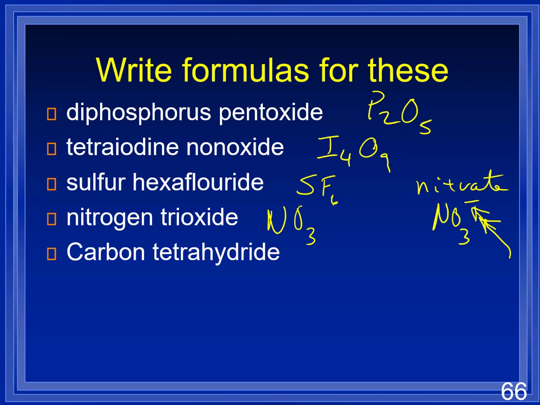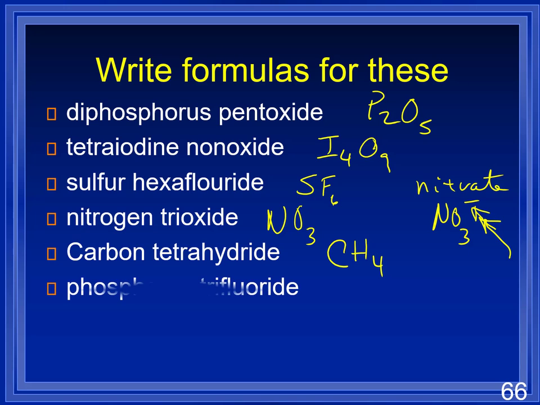But this name, carbon tetrahydride, carbon, tetra, 4, hydride, hydrogen. See why carbon tetrahydride is more information than methane. See why we like the systematic names better than the common names. How about natural gas? Because that's what methane is. Stuff that comes out of the pipe.